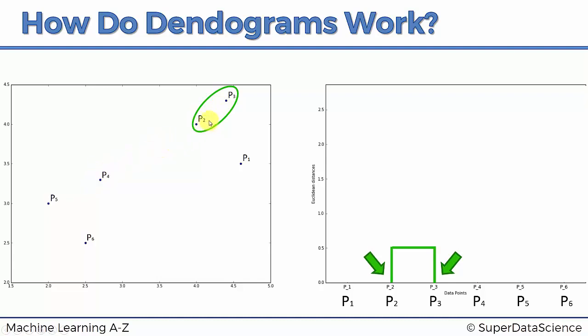And P2 and P4 also have a dissimilarity, and it's greater because you can see that the distance is greater. So let's say if this was age and this was salary, these 2 points, even though they're not identical, are less dissimilar in terms of age and salary than P2 and P4. And again, these variables are just arbitrary. I'm just calling out arbitrary variables.